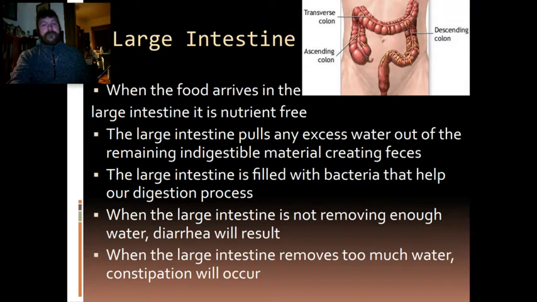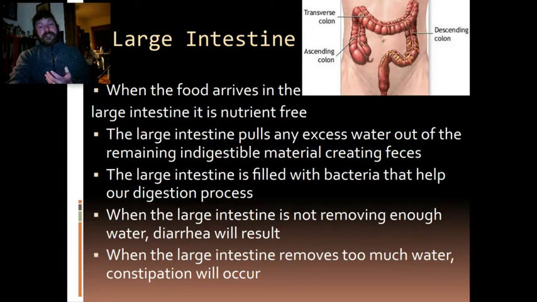The large intestine is mostly excretory. Its major function is to remove excess water from the remaining chyme that enters it. There's a little bit of nutrient left here, but not very much usually. The large intestine has bacteria that help to break that down, mostly E. coli.